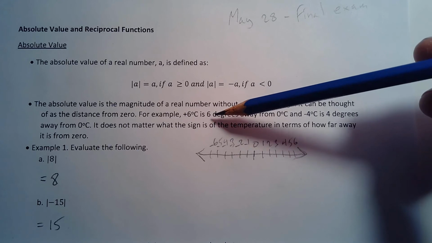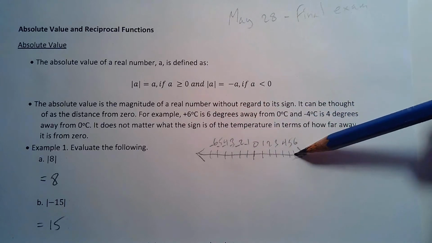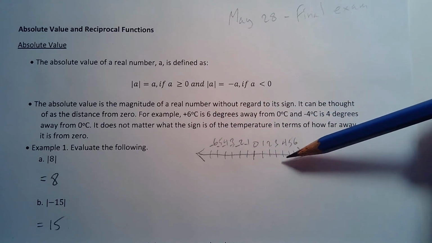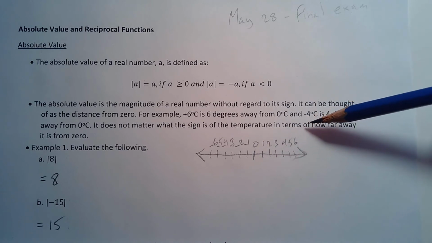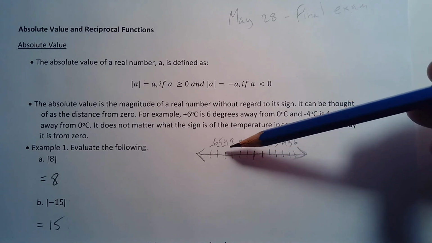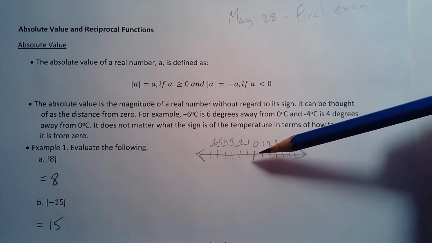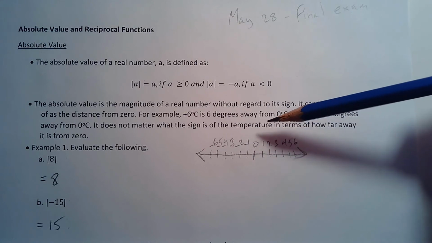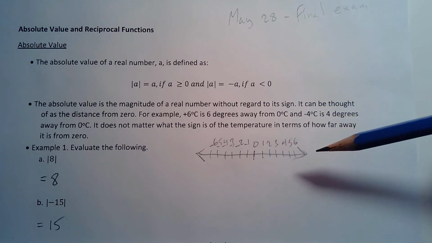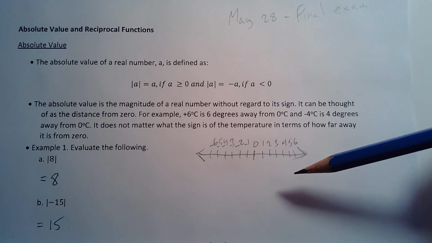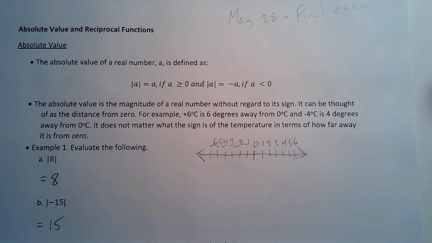So think about 6 degrees Celsius. 6 degrees Celsius is 6 units away from 0. -4 degrees Celsius over here is 4 units away from 0. It doesn't matter what the sign of the temperature is in terms of how far away it is from 0 degrees. That's what the absolute value is doing.